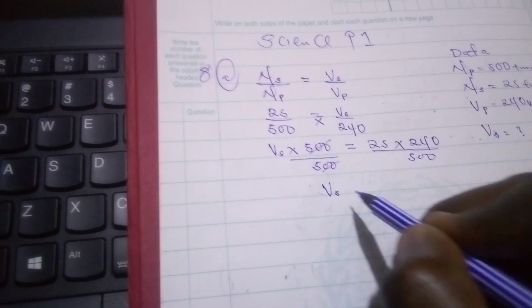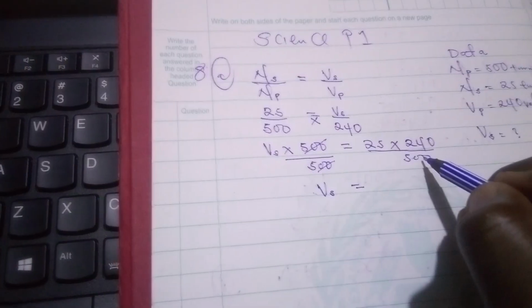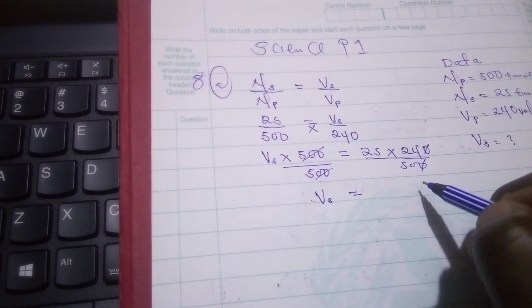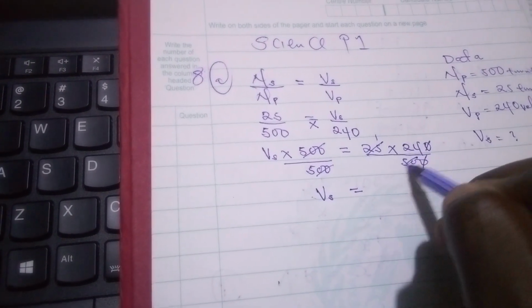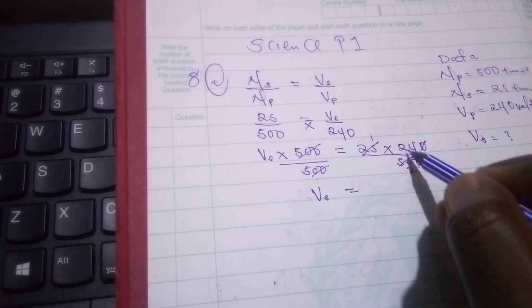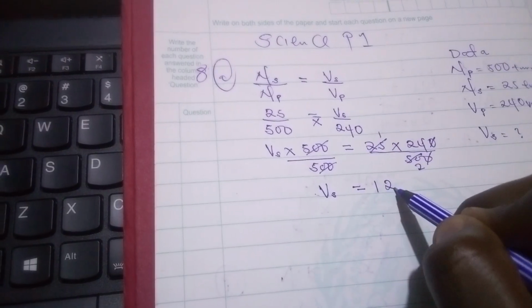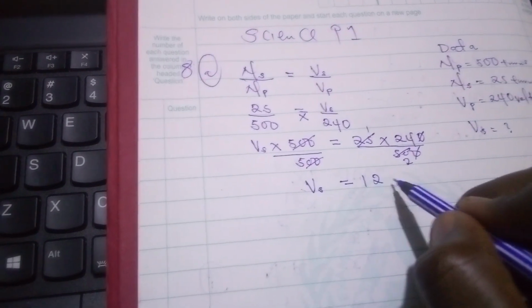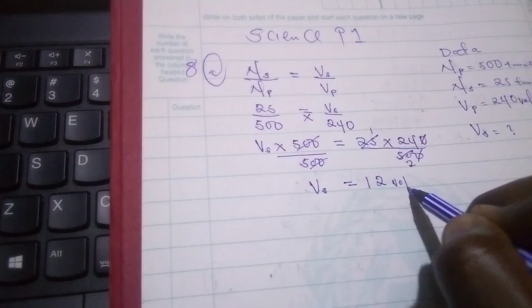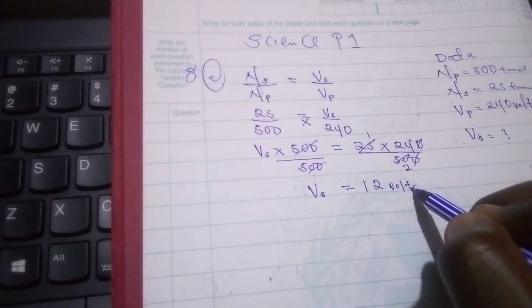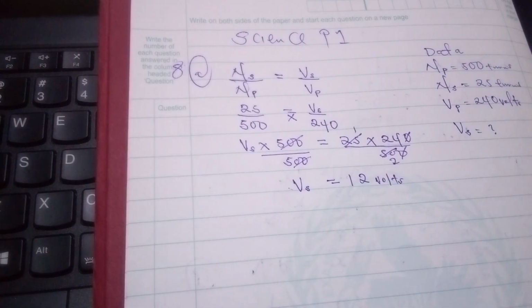So Vs is equal to 25 times 240 over 500. Simplifying, you get 12. So the voltage of the secondary was 12 volts. So this is the solution to A.